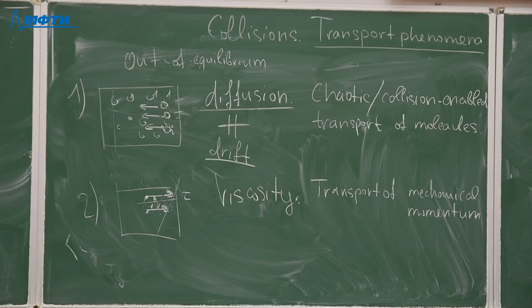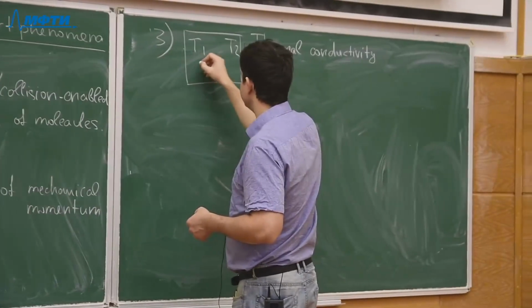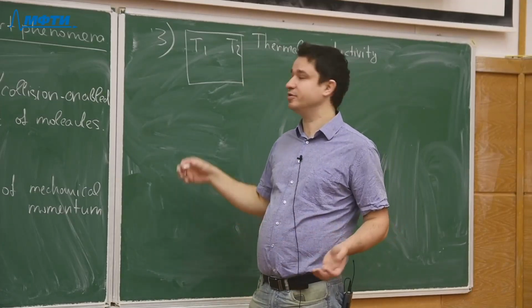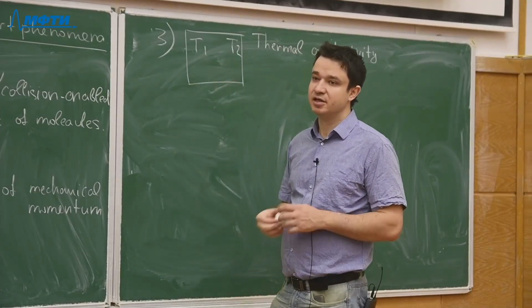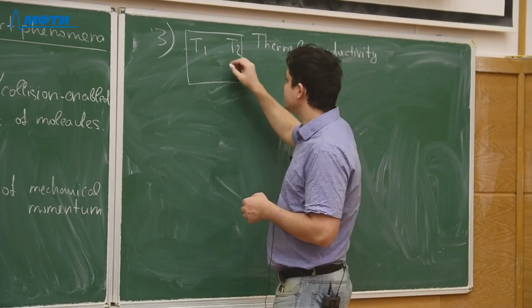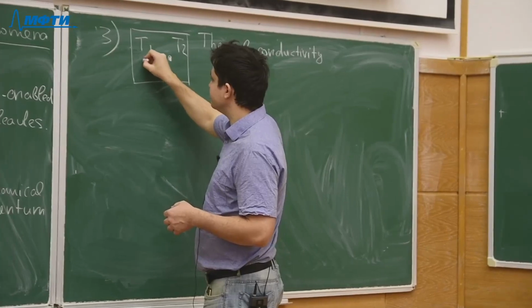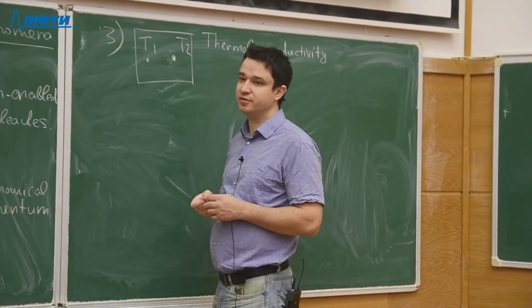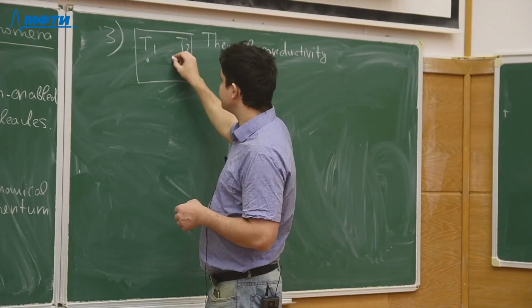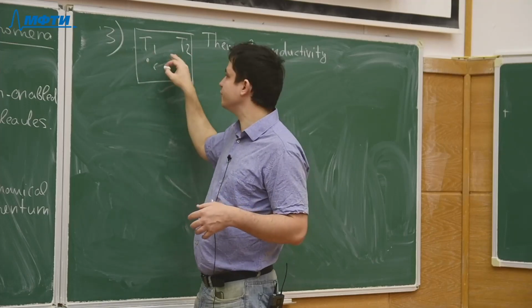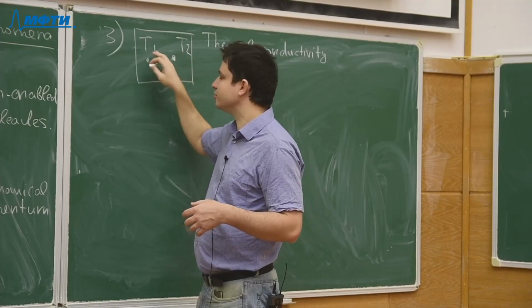or heat conduction. So what happens is that if you have different temperatures in different parts of the vessel, then over time this temperature would become equal in both of these parts. And the reason for that is that molecules in here have slightly higher energy than molecules in this part of the vessel. So as they chaotically travel from this side to this side, they also transfer some energy from the hotter part to the cooler part.